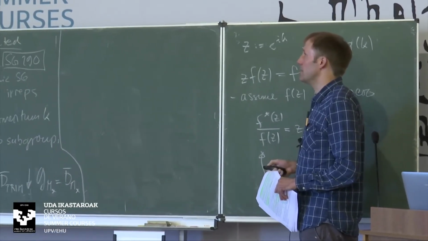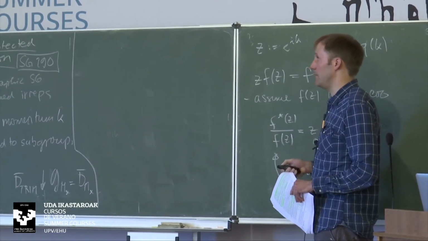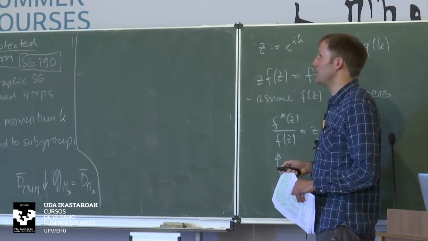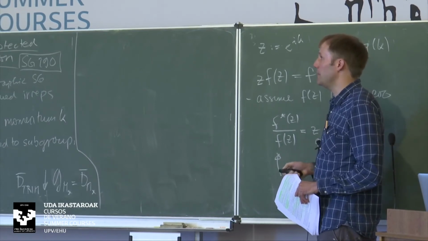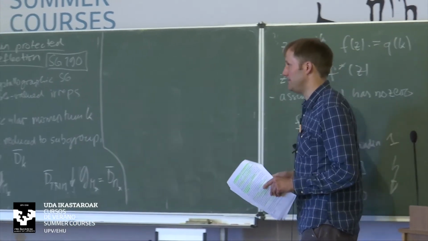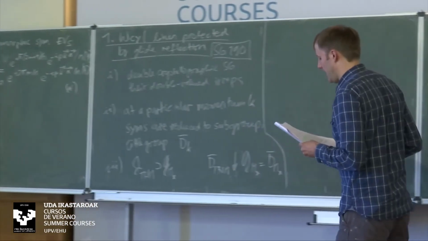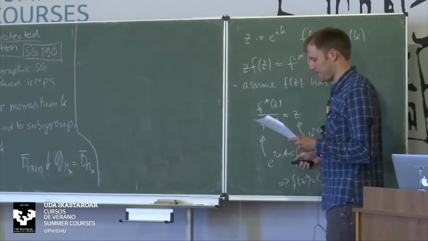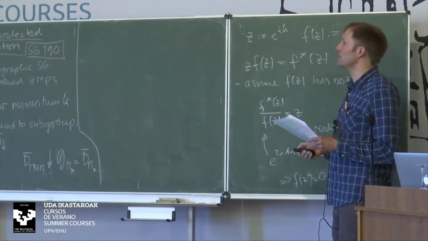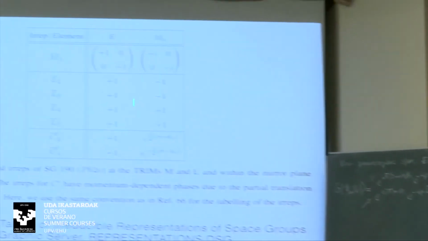So here, these are the irreps at the M point, this time reversal invariant momentum of this glide mirror, and L point. And these are the irreps at a general point within this glide mirror plane. So first of all, I notice that I have two different kinds of irreps.